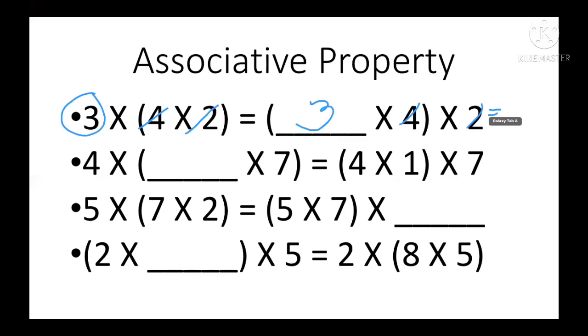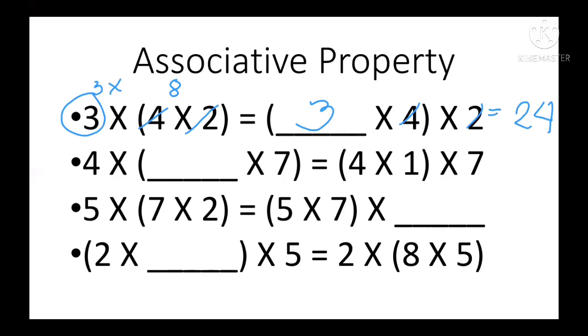What is 3 times 4 times 2? 3 times 4 times 2 is 8, right? So what is 3 times 8? 3 times 8 is 24. Very good. So we'll put there 24, right?